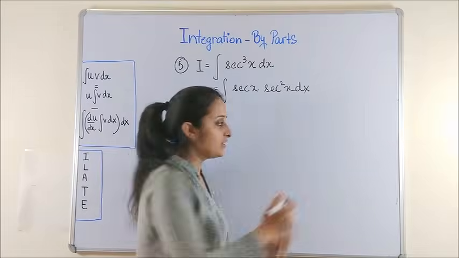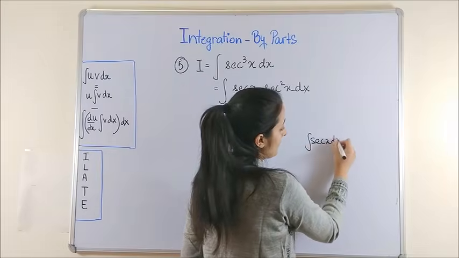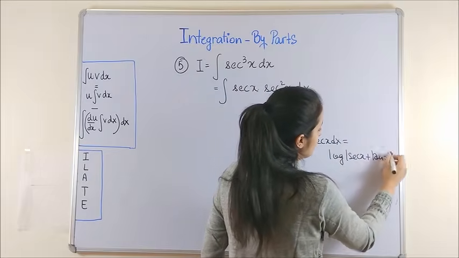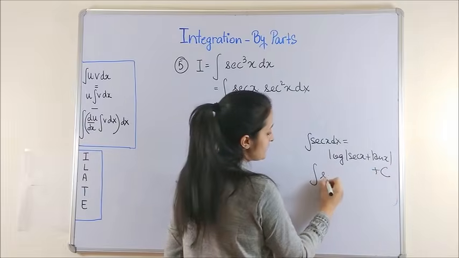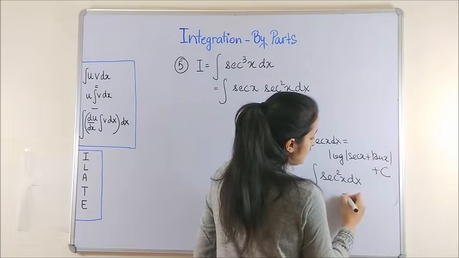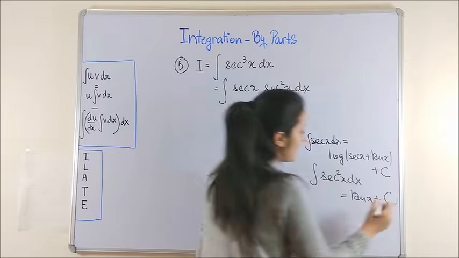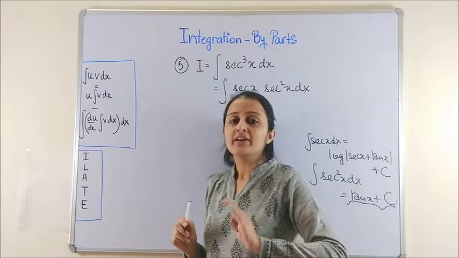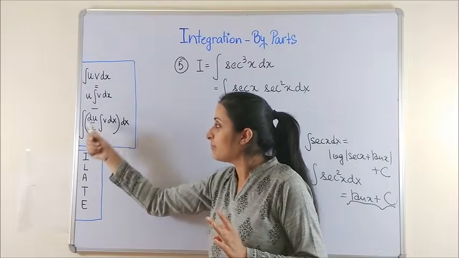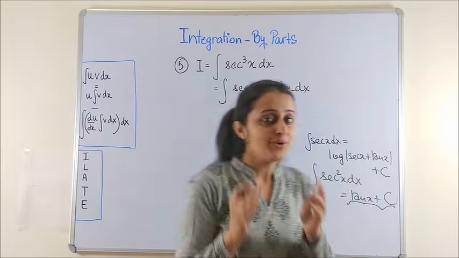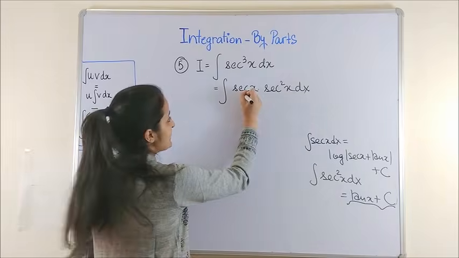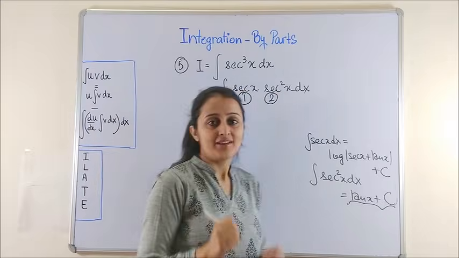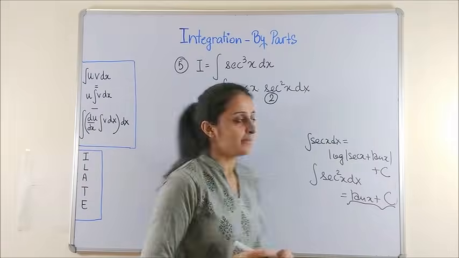Even though we know the integral of secant x, which was log mod sec x plus tan x plus c, and integral of secant square x is tan x plus c, as you can clearly see, this is much easier, for the reason you are required to integrate not only once but twice in the question. So, taking cue from here, I take secant x as the first function and secant square x as the second function. Now, you should try this on your own.